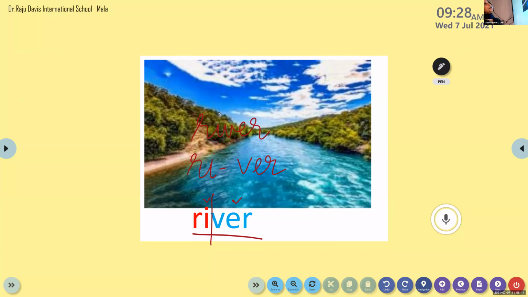This is the way we learn the spelling, and we'll become familiar with this word. All of you please write it once. Let me see you all writing. I hope all of you have finished.